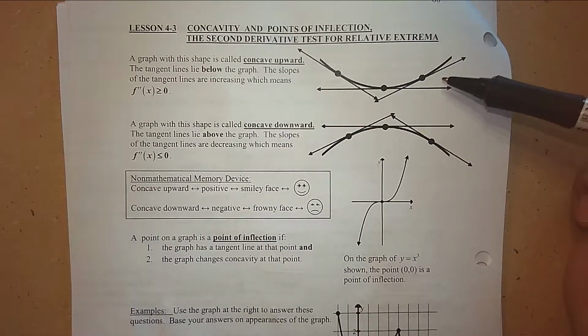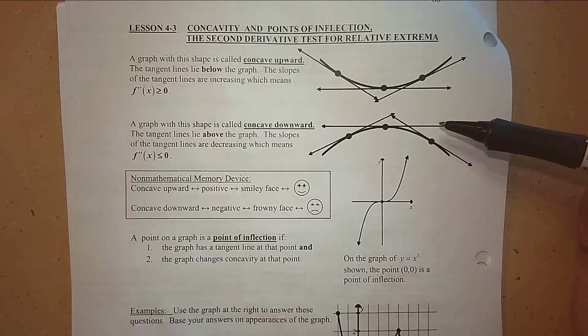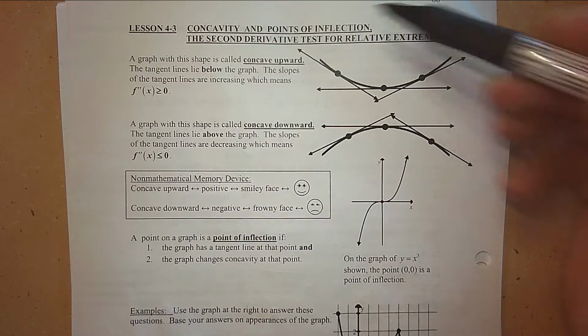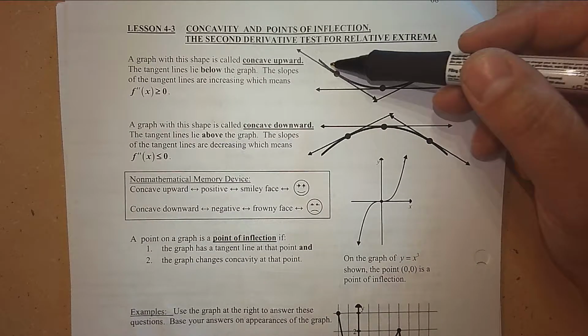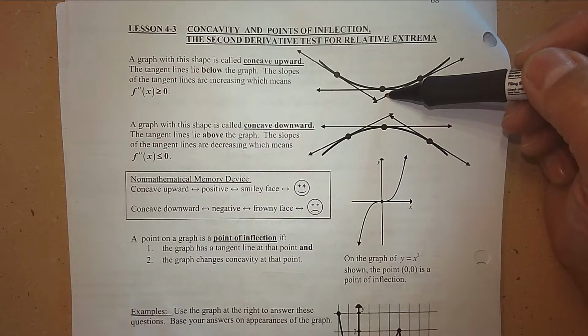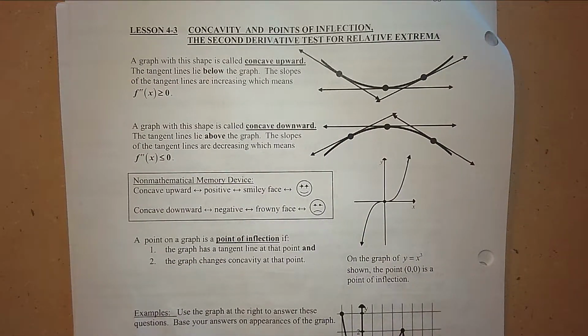But now the second concept: do you notice that the slopes are increasing left to right everywhere? If I look at the left, the slopes are negative. Then it gets to a point where the slope is 0, and then the slopes become positive. So all the way, far left to right, the slope on the left is smaller than the slope on the right.